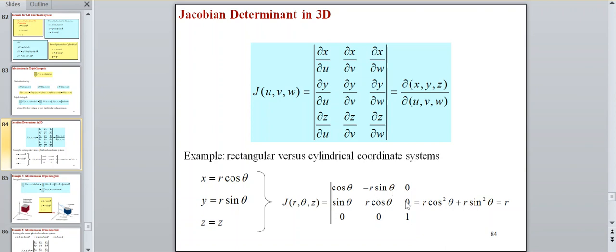Here, the partial derivatives of y with respect to r, theta, and z. And the third row, the partial derivatives of z: with respect to r, 0; with respect to theta, 0; and with respect to z, 1. And when we calculate this, it becomes r. So when we are using cylindrical coordinate system for our substitution, the Jacobian is r.